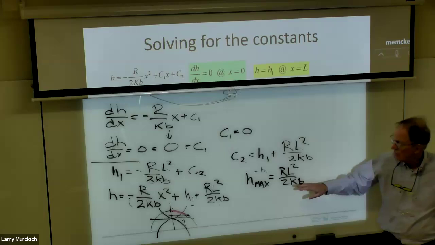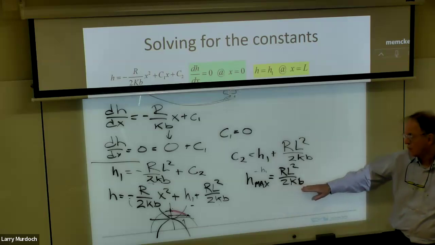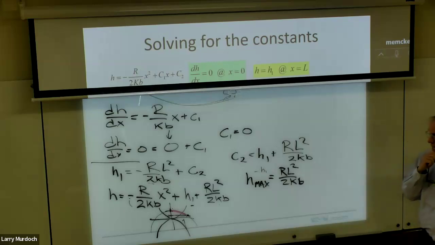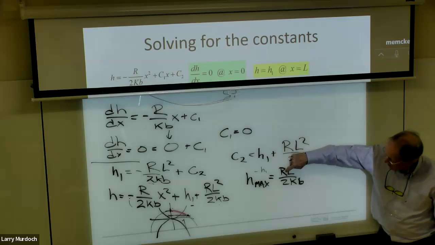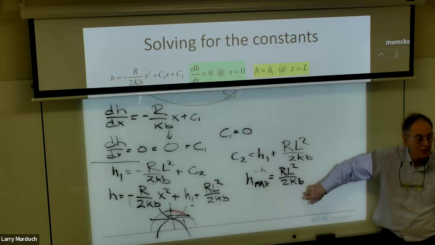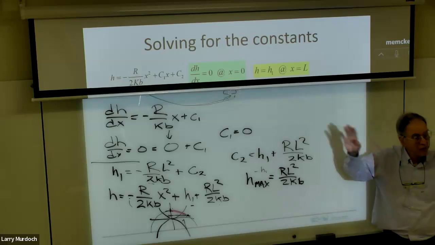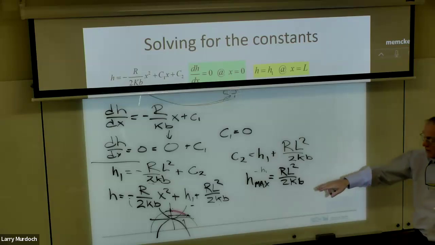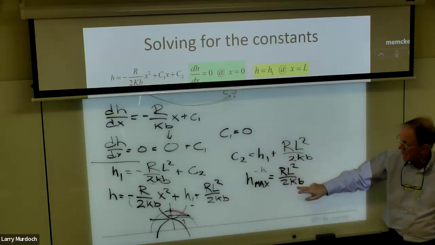We can also take a look at just this grouping of variables, and try to get some insights into that. One of the things we see is that the recharge and the transmissivity enter as a ratio. Remember, we saw that in that previous example. Here it still is the case.